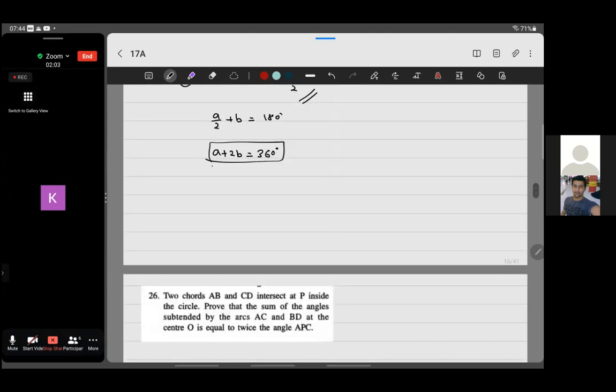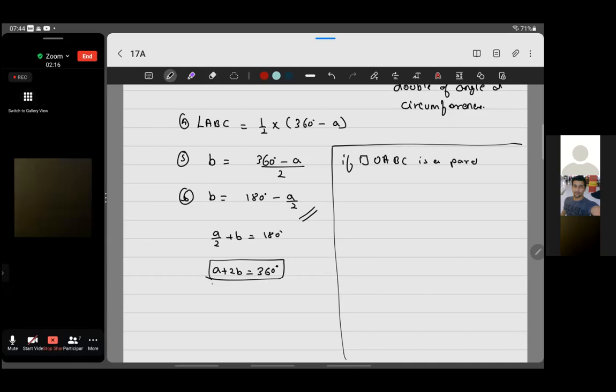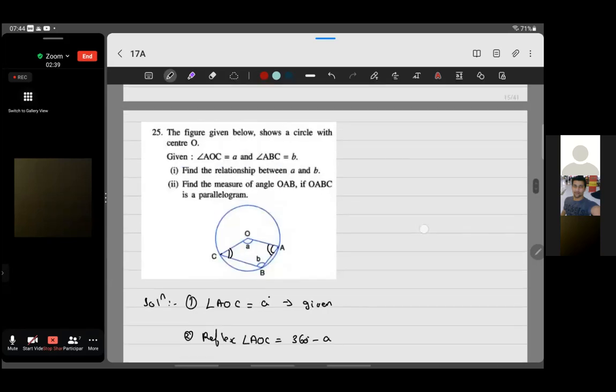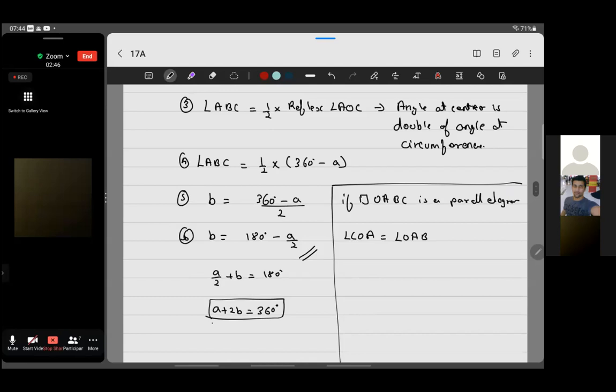Okay, so I'll write here. If quadrilateral OABC is a parallelogram, angle COA is equal to angle CBA, equal to A degree.